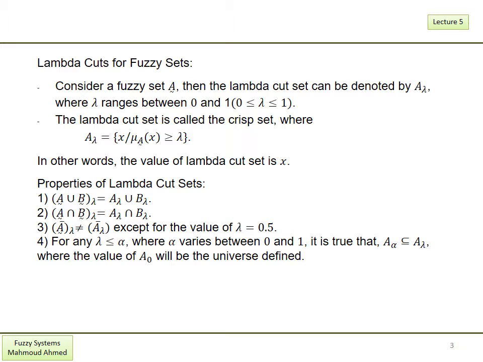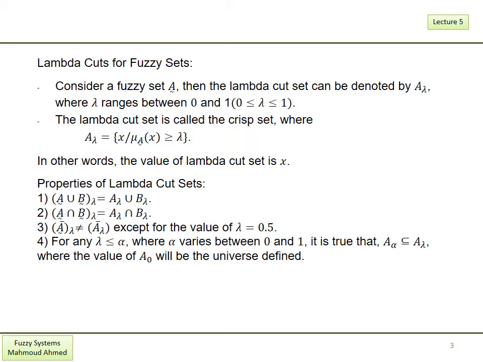First of all, the first point in this lecture, we have to define what are called lambda cuts. Lambda cuts means that for a given set of elements in a fuzzy membership function, we can deduce the maximum output.